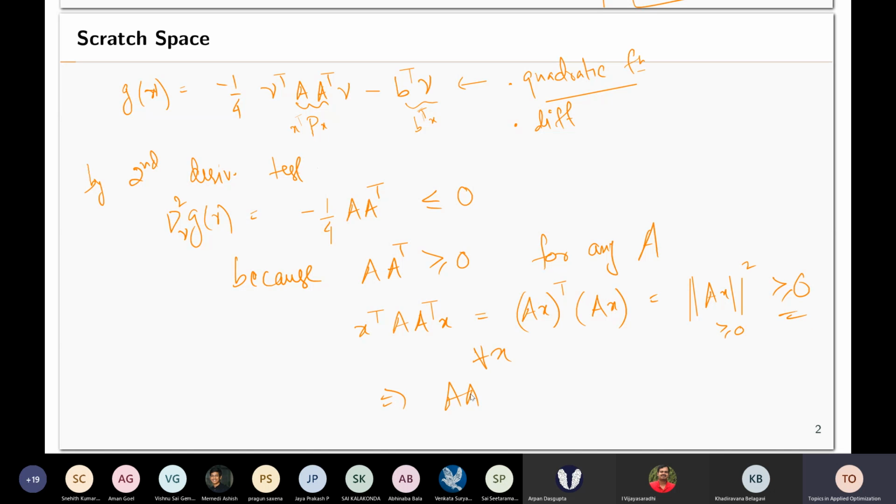This implies A A transpose is symmetric positive semidefinite. Okay, so since the second derivative test is always less than or equal to 0, this implies that G as a function of nu is concave.